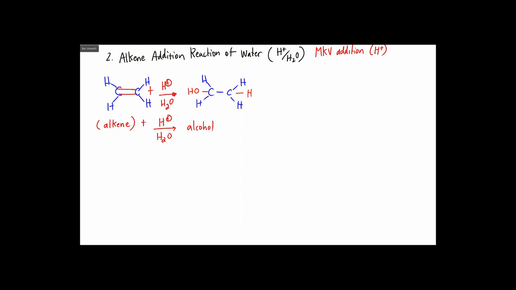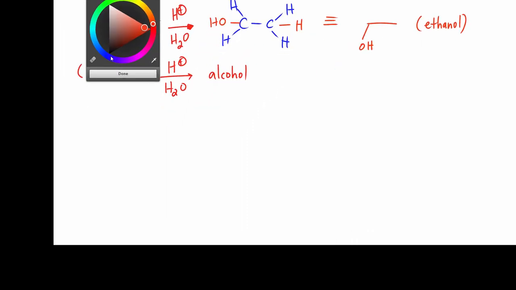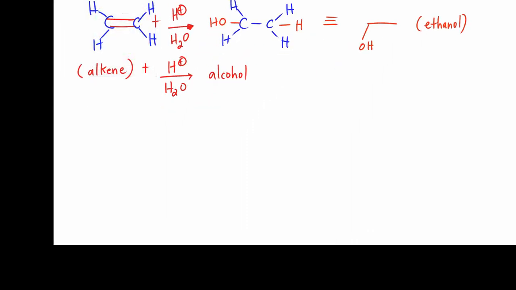So your product has two carbons and an OH. This is called ethanol. All right, let's try another one that does not have a symmetric number of hydrogens.